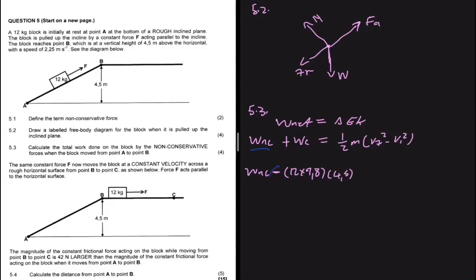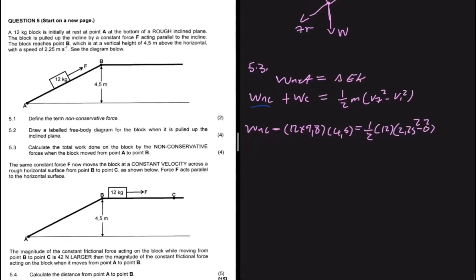We've already put a minus sign here, so there's no need for us to say cos of 180, and this is going to be equal to a half, the mass is 12, and then VF is 2.25, we square that, minus 0 squared.